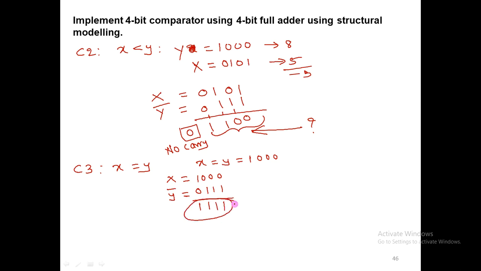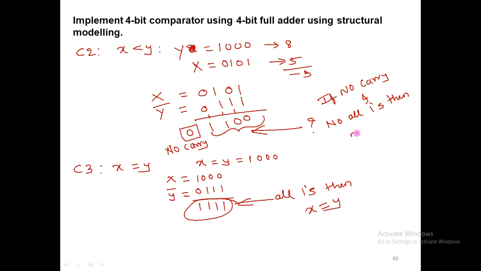Means when you get all ones, then x is equal to y. That's the conclusion. Here, if no carry and no all ones, then x is less than y. This is the logic. Simple logic.